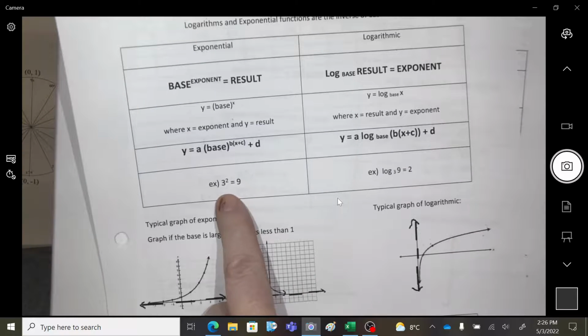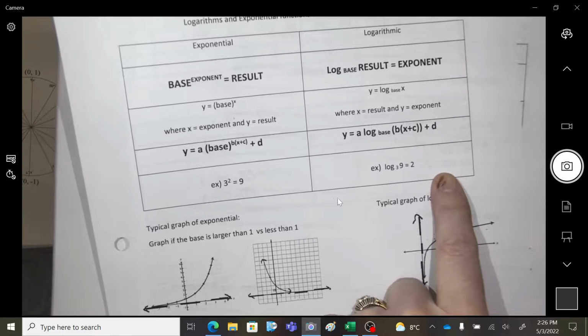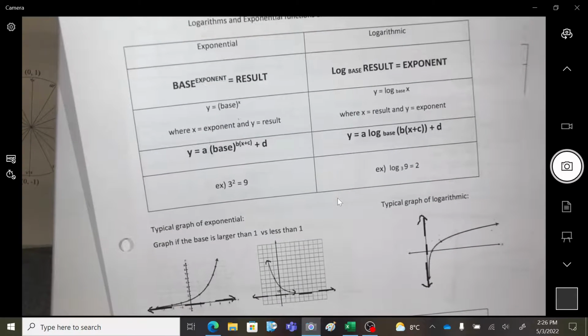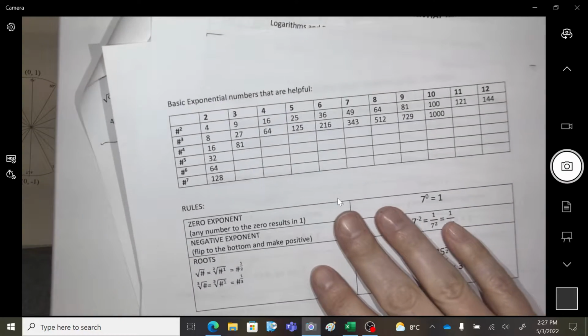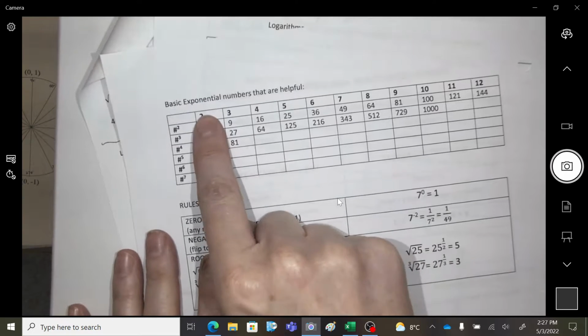Okay, so here's an example of an exponential, and here's an example of what it would look like in log, just to make sense of it. Today we're going to learn how to graph, so you don't know this bottom stuff. On the back side, I just put down some things. You probably want to have most of these numbers memorized.